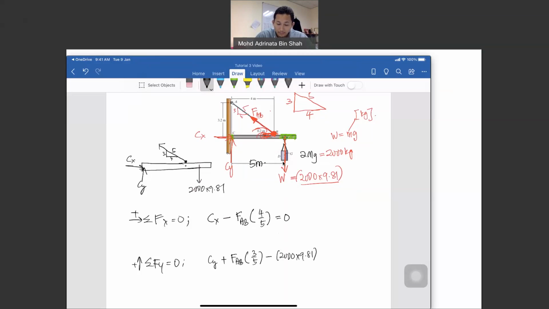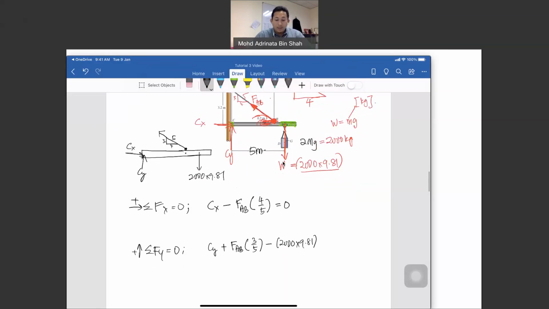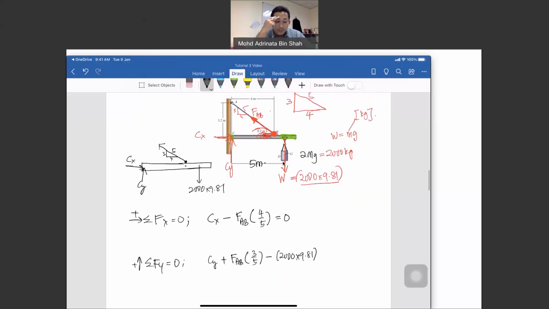Okay, then because of these three unknowns and two equations we cannot solve, so we need our final equation, which is moment.